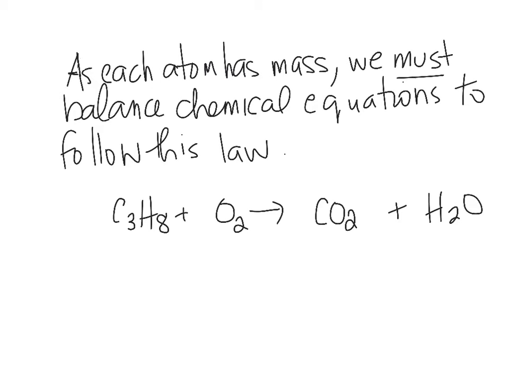So if we're going to do this, Braden says, I've got 3 carbons here, so I need 3 carbons on the right-hand side. So now carbon is balanced. What would you do next?